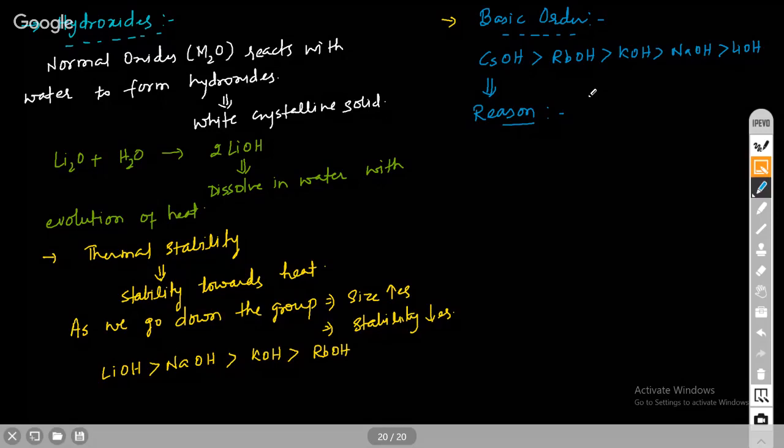Okay, so what did you write? Due to large size, the lesser will be the polarizing action.